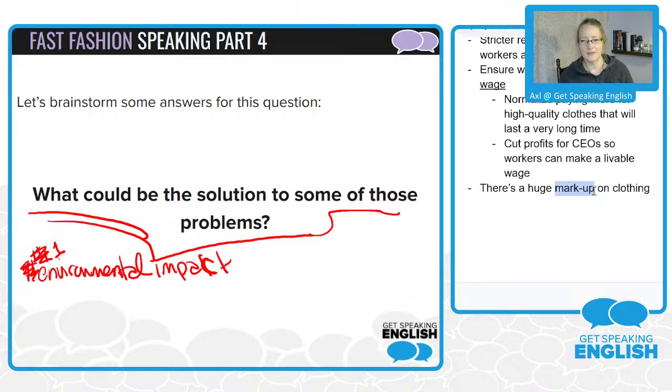As in, like you said, they always price it a lot higher than what it took to make the article of clothing, right? So they should be able to pay people at least more than they currently get, right? So yeah, if they could just take some of that and give it back to the people, then it would be a lot better, right? Be able to get a reasonable wage, right? Definitely.